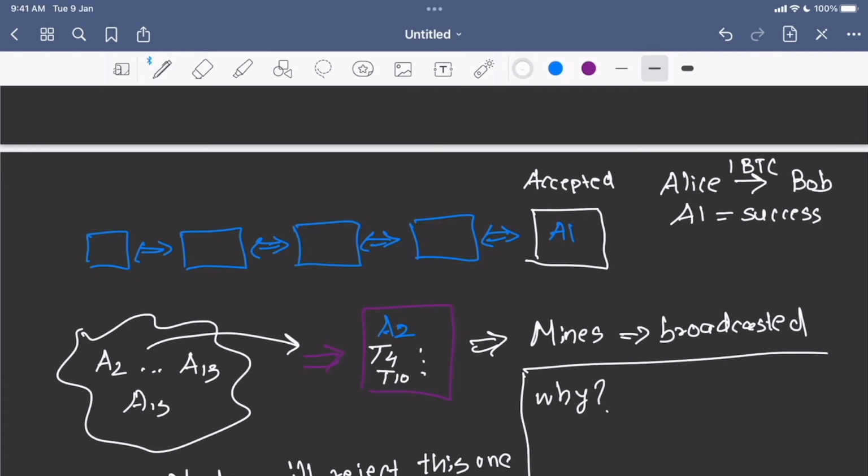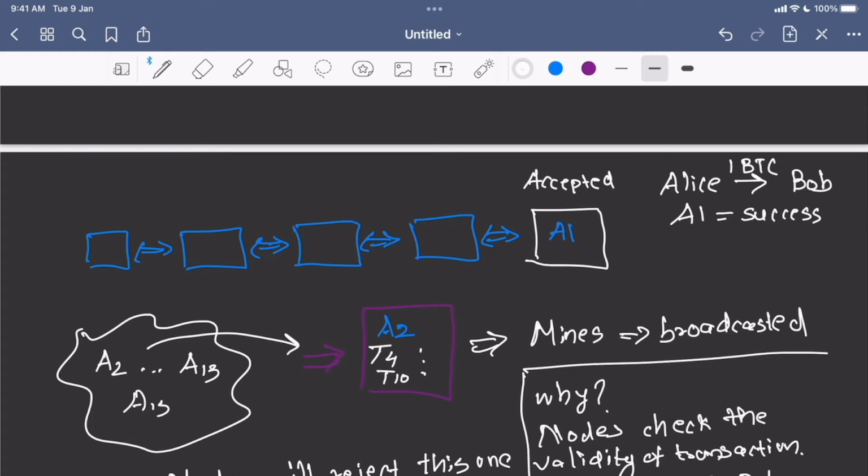Why? Because nodes check the validity of transactions, right? So basically in a pure fundamental way, node will see that Alice had one Bitcoin, but it is now transferred to Bob. Since the blocks are a publicly distributed ledger, they can see this transaction.